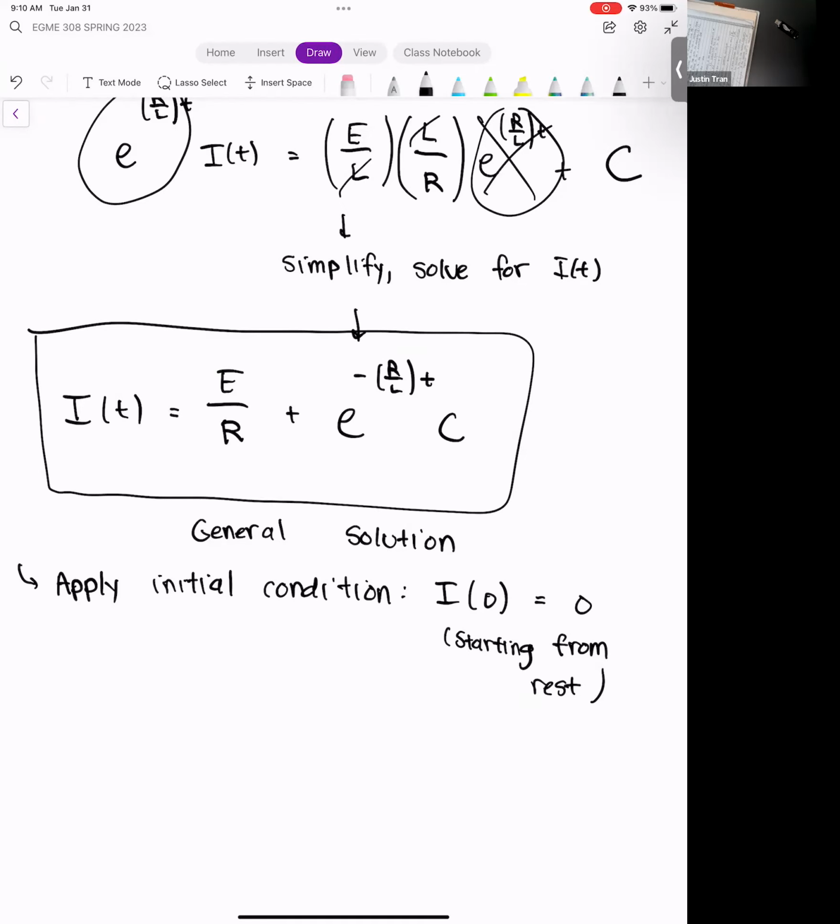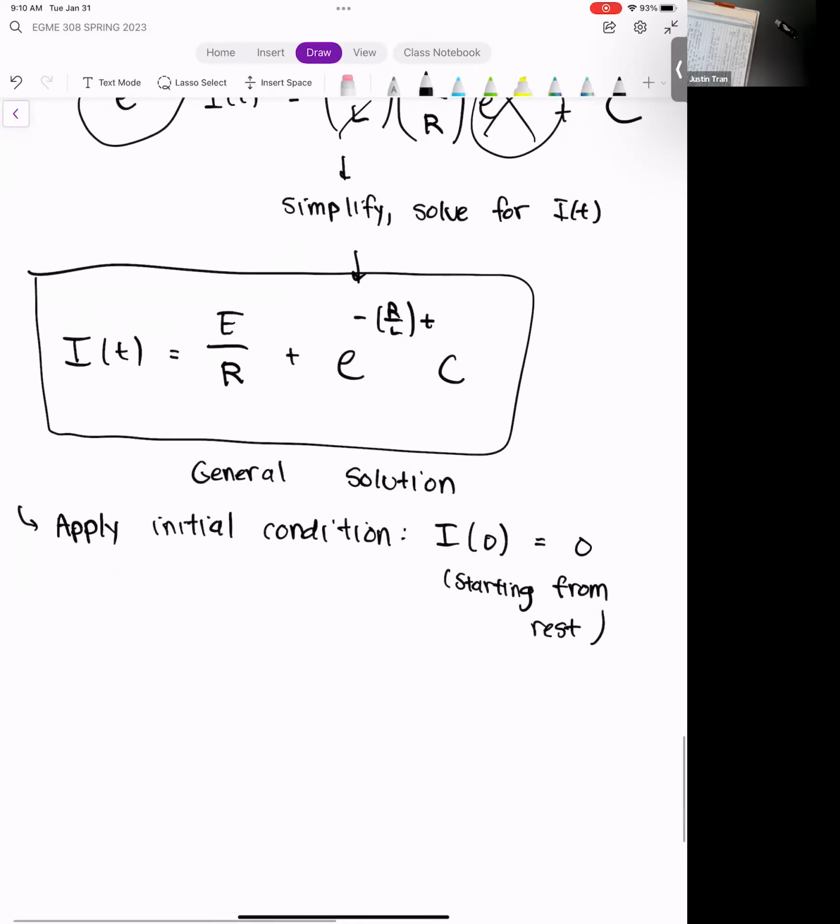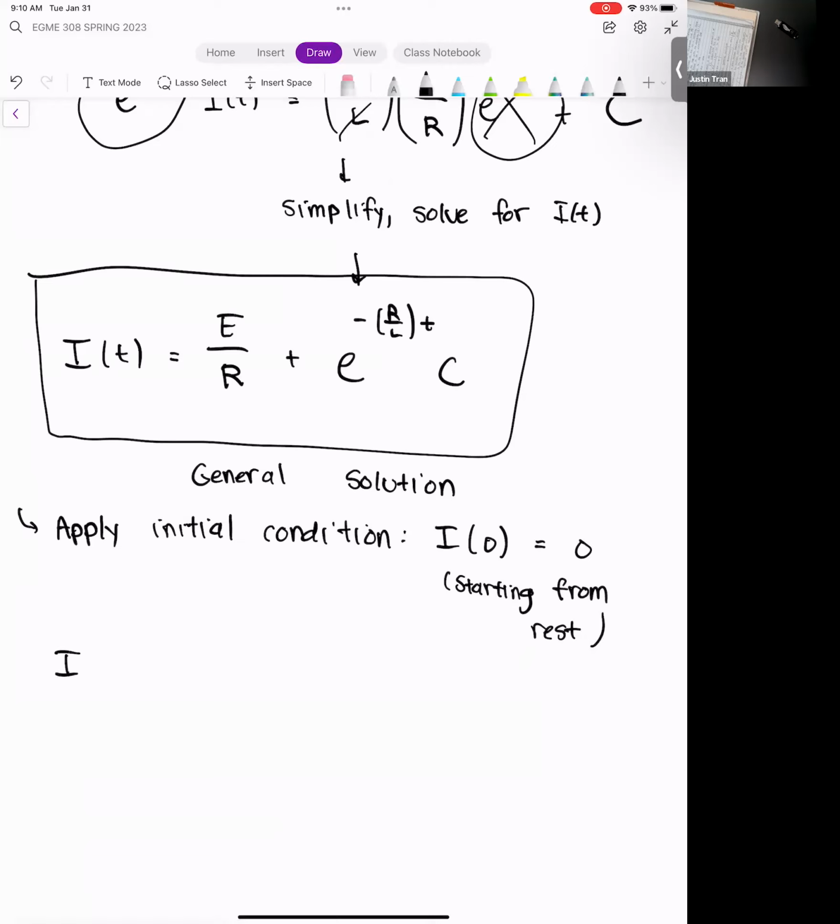So let's apply this initial condition and solve for C. Let's take our equation up there, and everywhere that we see t, we're just going to plug in 0 for t. And then because of the initial condition, this is all going to equal 0.